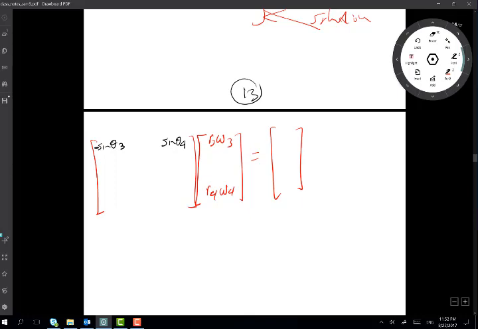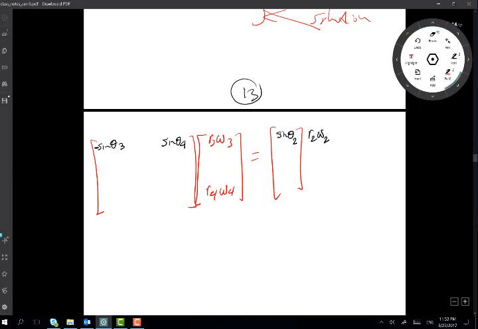Here I will have sine theta 2, and I can take R2 omega 2 as a constant that will be multiplied by every entry in this vector B, if you like.